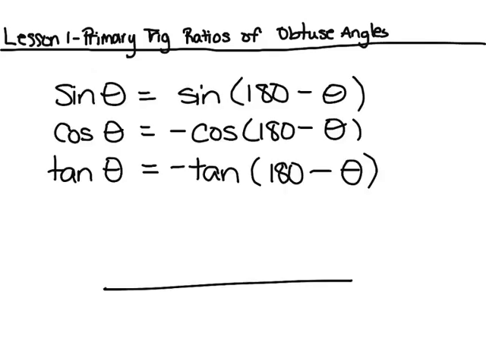So what comes out of that are these following equations. The sine of theta is equal to the sine of 180 minus theta. The cos of theta is equal to negative cos of 180 minus theta, and tan theta is equal to the negative tan of 180 minus theta. All that is telling you is if you imagine a line and say this is your angle, and you measure this angle to be theta.